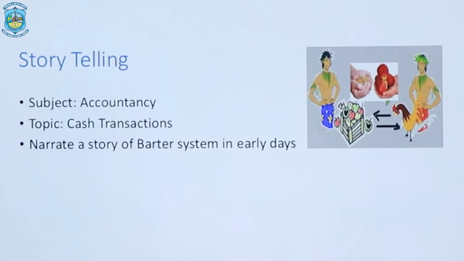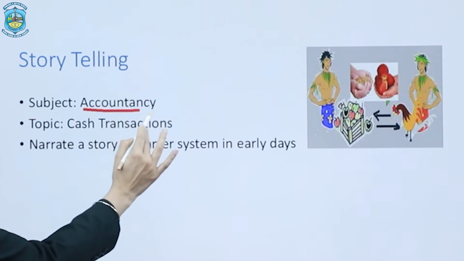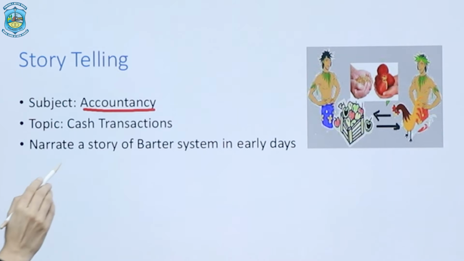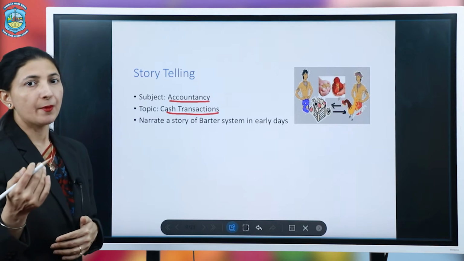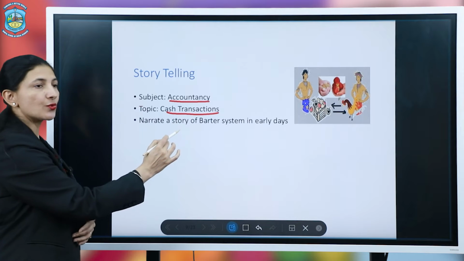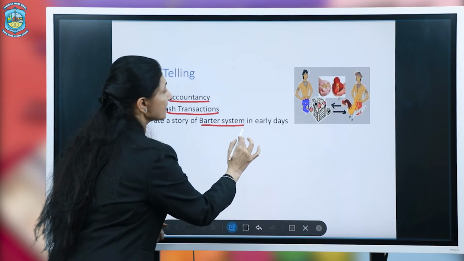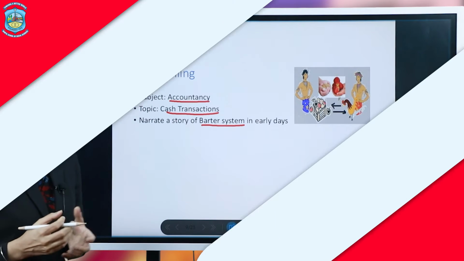For example, in the case of storytelling, if the pupil teacher is planning a lesson for accountancy and the topic is cash transactions, she can start the topic by narrating a story of the barter system in early days.